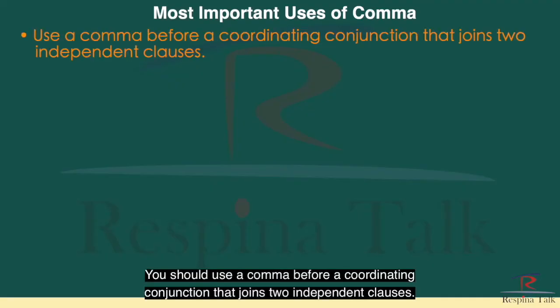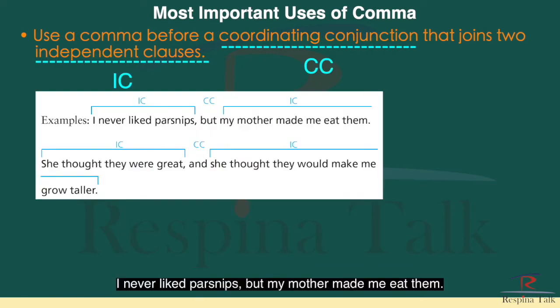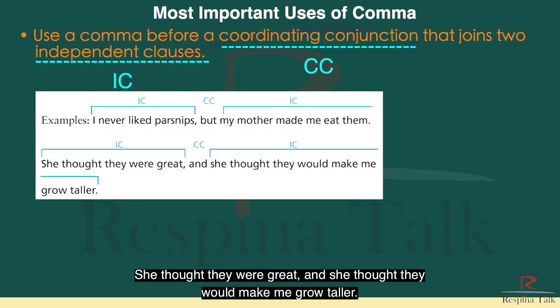You should use a comma before a coordinating conjunction that joins 2 independent clauses. For example, I never liked parsnips, but my mother made me eat them. She thought they were great, and she thought they would make me grow taller.